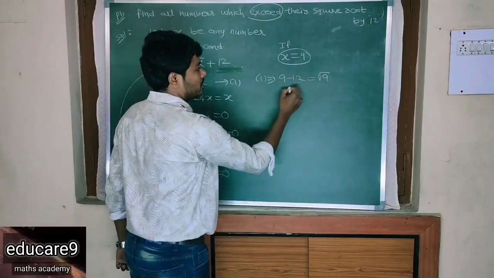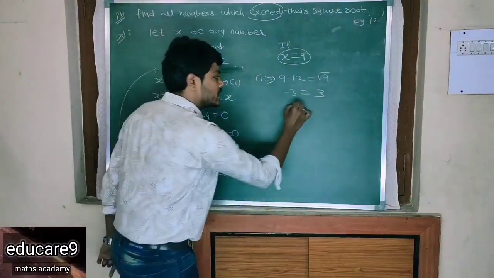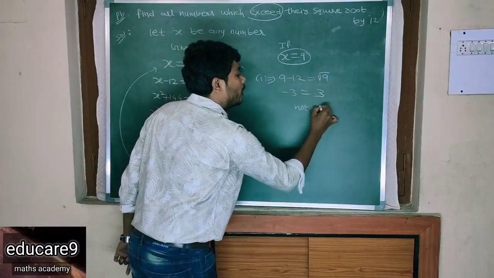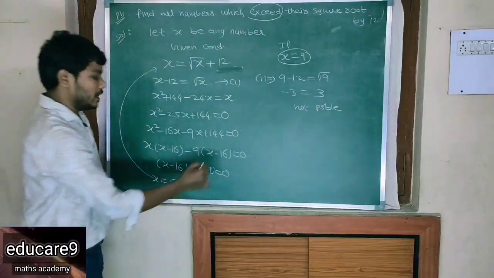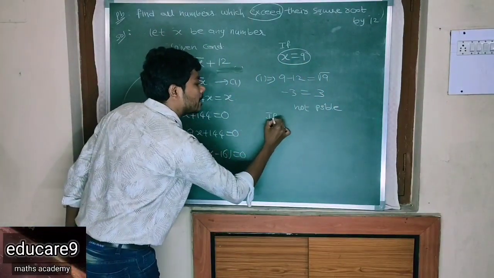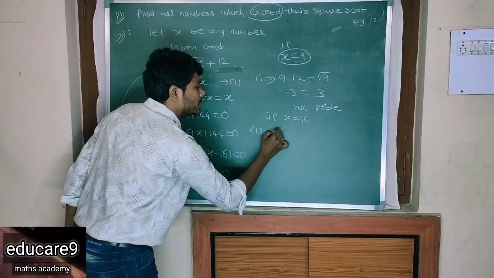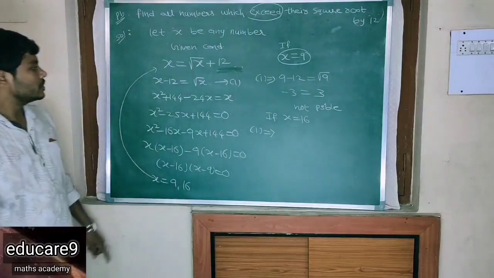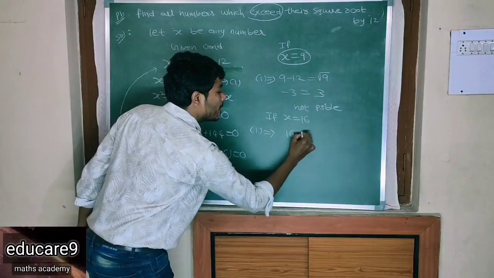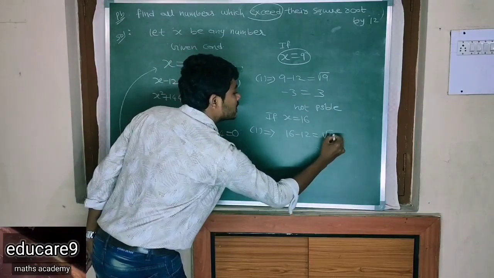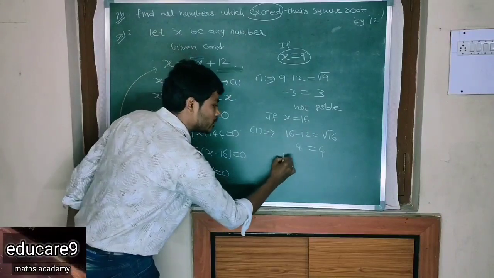So this is minus 3 is equal to 3. So this is not possible. If x is equal to 16, then equation 1 implies 16 minus 12 is equal to root 16. So this is 4 is equal to 4. So it is possible.